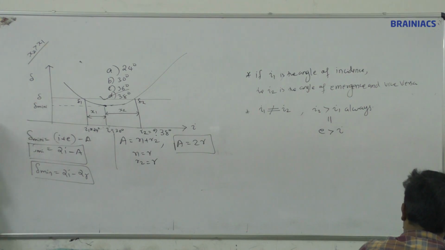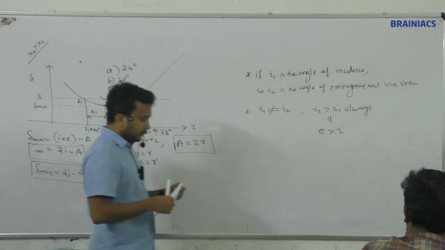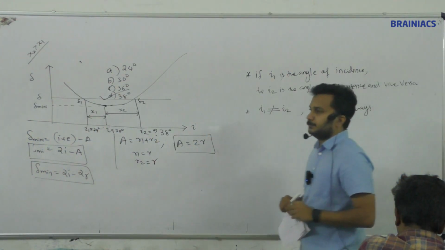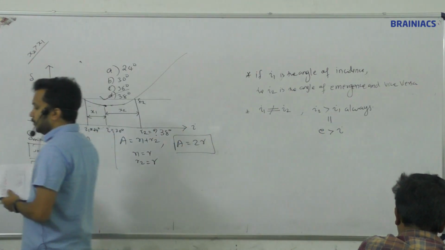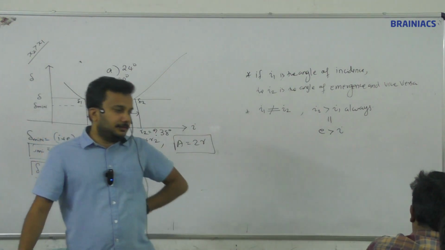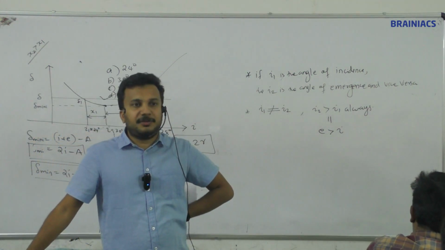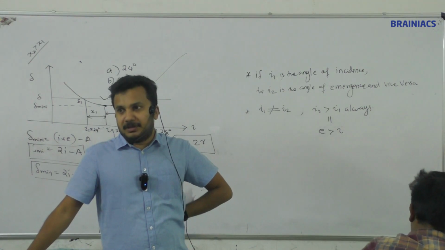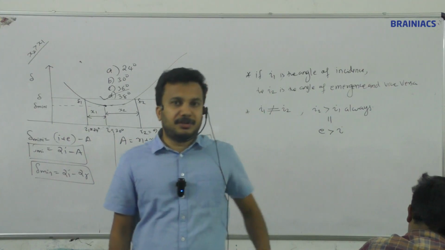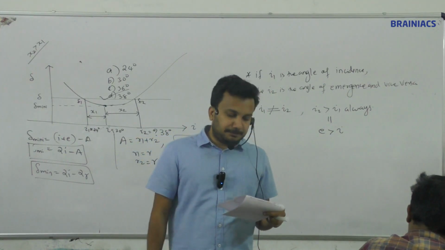Then write one question. For I is equal to 32 degree, angle of deviation is minimum.